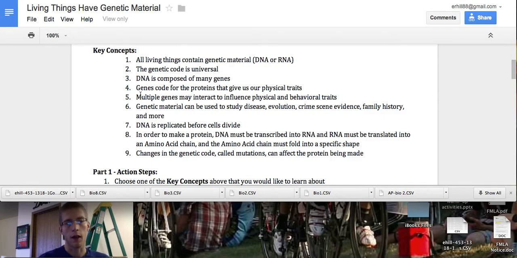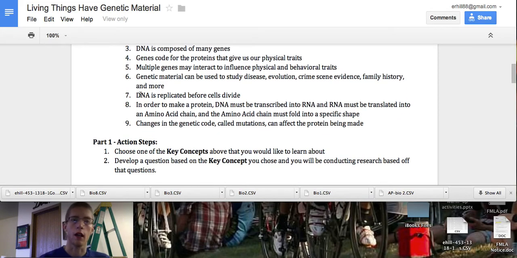We've also talked about how all of the cells in an organism's body would have the exact same genetic information due to DNA replication. Before cells divide, they replicate their DNA with the help of some enzymes, which we've talked about. You can go back and review your notes. And they make more of that DNA, of that genetic code, so that all cells have the instructions to make the proteins that allow them to function the way that they do.